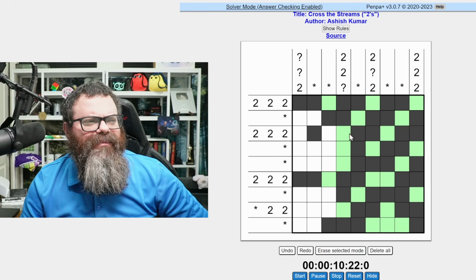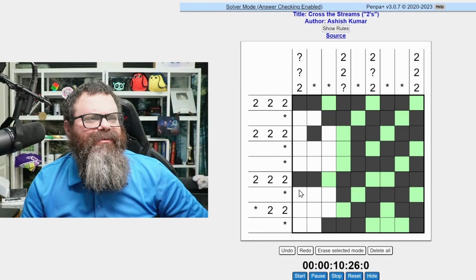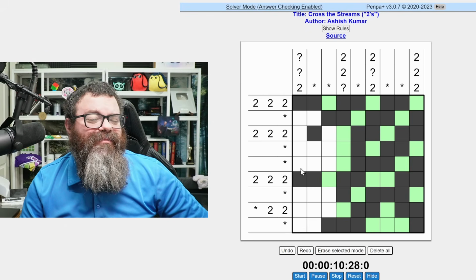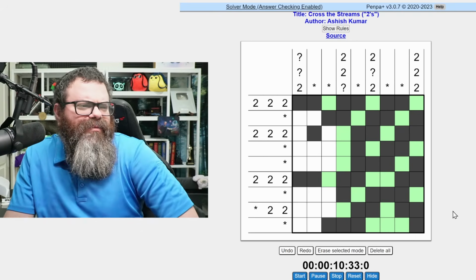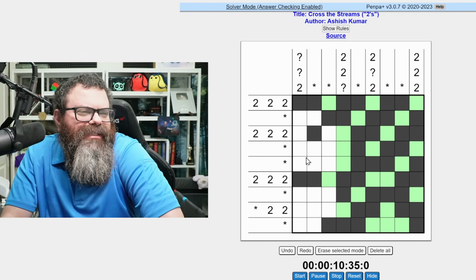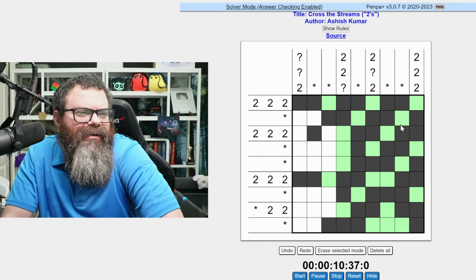Are there any 2 by 2s I might have missed? I don't think so. So is it this question mark 2 that I got to worry about? There's so many stars around here that I don't really see a requirement there. Oh, this whole blob has to get out, so we can at least do that.